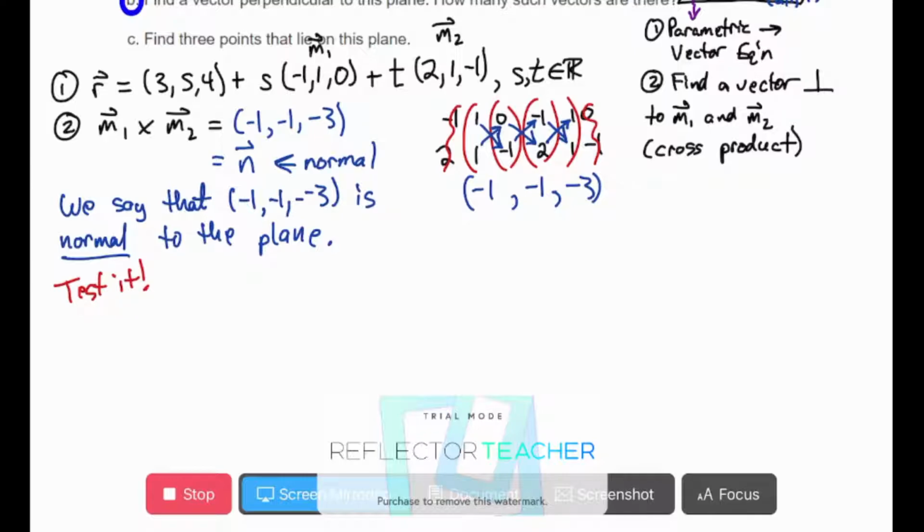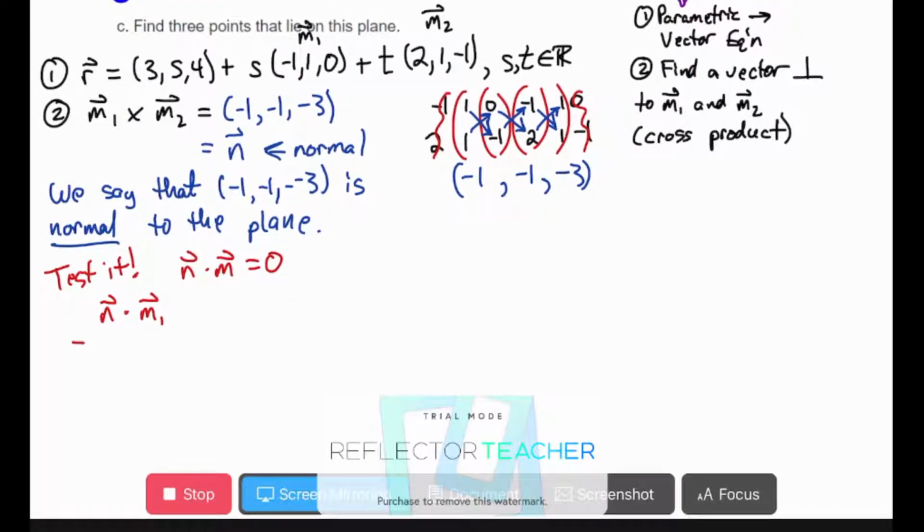To test it, we're going to use the dot product. So remember, we want n dot m to be 0. So let's check with our normal vector and our first direction or basis vector. N is negative 1, negative 1, and negative 3. Let's erase that extra markup to avoid confusion. Dot my m1 vector, which was given up here, negative 1, 1, and 0.